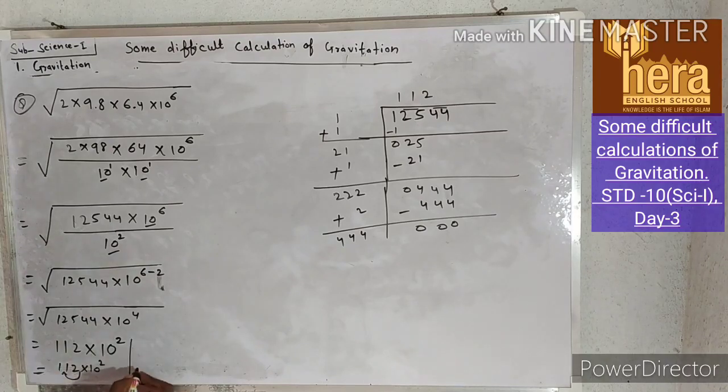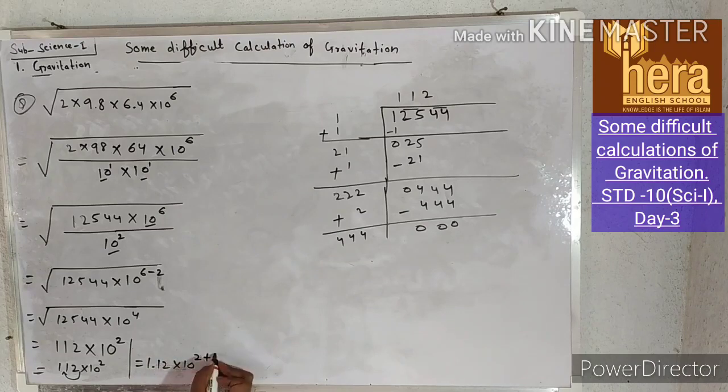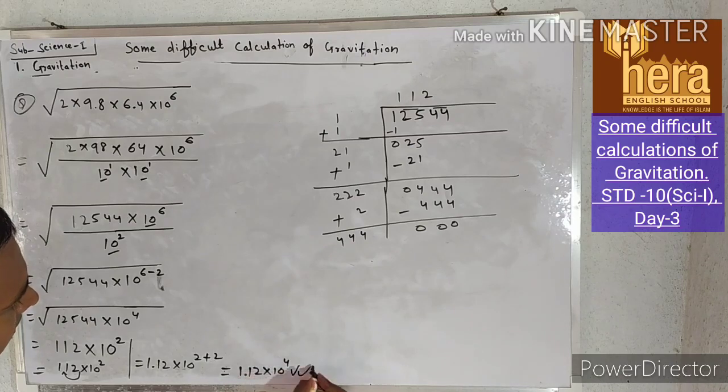So this will be equal to 1.12 into 10 raised to 2 plus 2. This will be equal to 1.12 into 10 raised to 4. Now this number is in scientific notation.